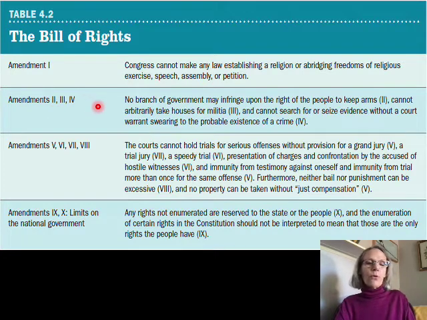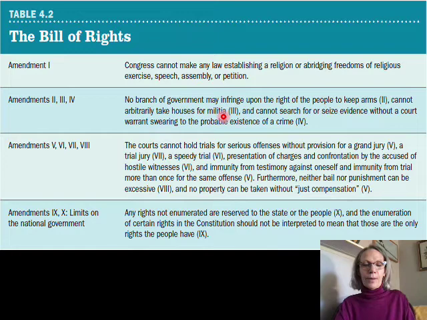Amendments 2, 3, and 4 are focused on both the executive branch and Congress. With Amendment 2, the right to bear arms, no entity of government at the federal level can impinge upon your right to bear arms.